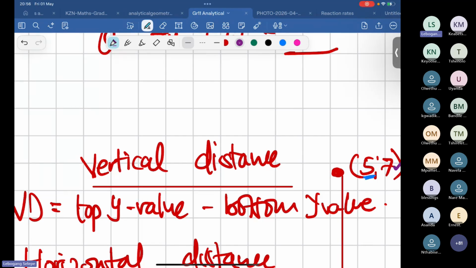When you do functions, there are sections where they say determine the minimum distance between this function and that function at x is equal to this. You just need to understand that vertical distance is the top y value minus the bottom y value. So it's also still applicable within analytical geometry. I can give you 2 line segments and say determine the vertical distance between the 2 line segments at that x value. So just keep that in mind.